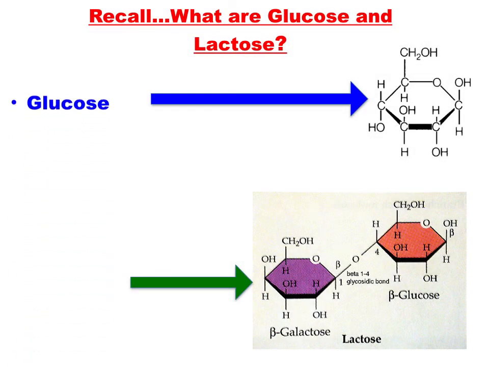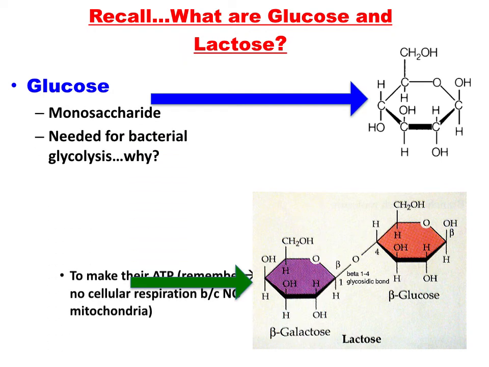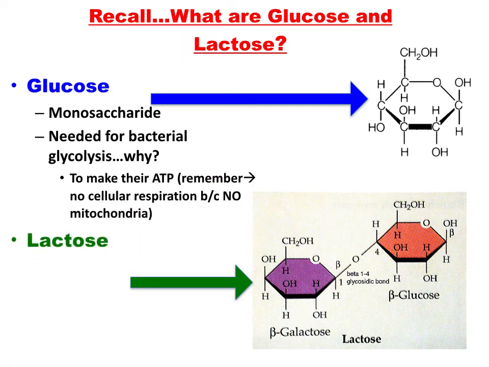All right, like I mentioned, lactose is a sugar, and it's going to be used for the metabolism, right, to make ATP for the bacterium. Some people are lactose intolerant, right? You can see here lactose is a disaccharide.